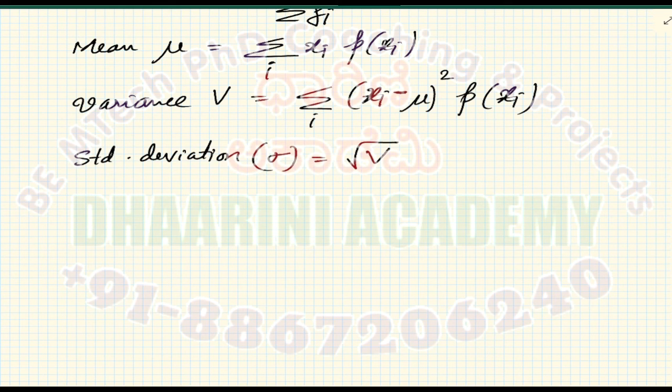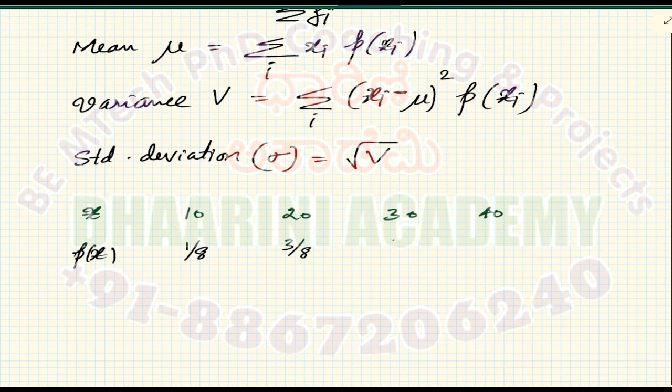Let's consider one scenario where we have x and p of x known to us, and let's say the values are like this. X takes the values 10, 20, 30 and 40, and p of x takes the values 1 over 8, 3 by 8, 3 by 8 and 1 by 8.